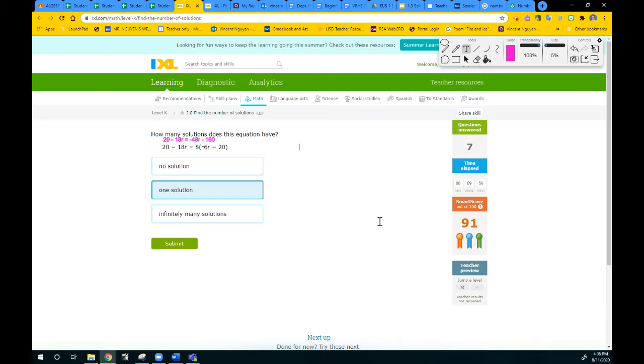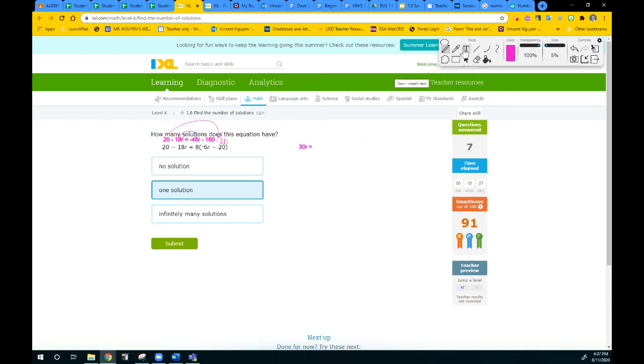If you want to see what the solution is, we can continue working, right? We can add 48 to the other side and we'll get 8 minus 8 is 0, and then 4 minus 1 is 3. So we have 30R left. And then I take negative 160, and then I minus 20. I'm moving this over here, make it minus 20. And then before that, I move this over here, so I'm adding 48, which gives me 30R.